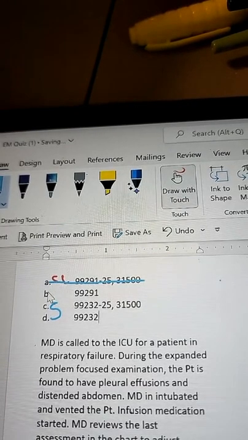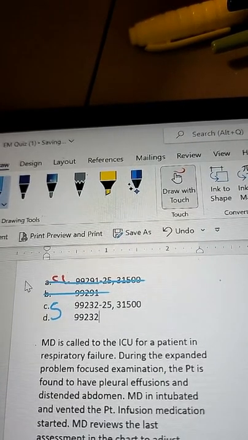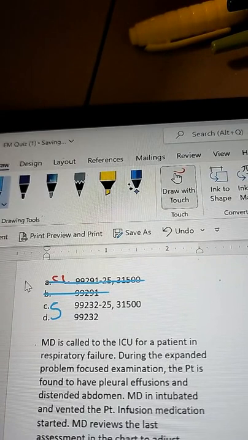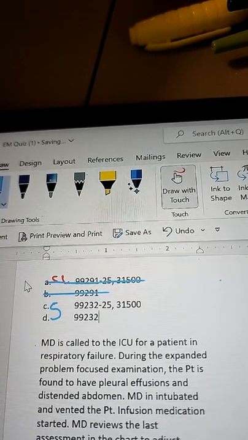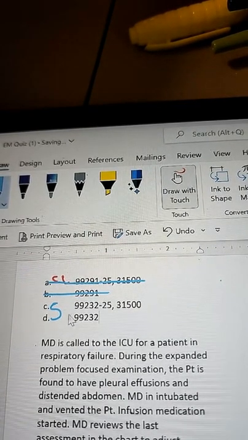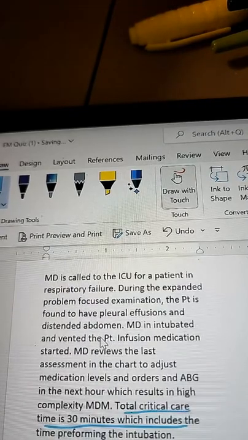We are actually subsequent hospital visit, because of that last sentence.